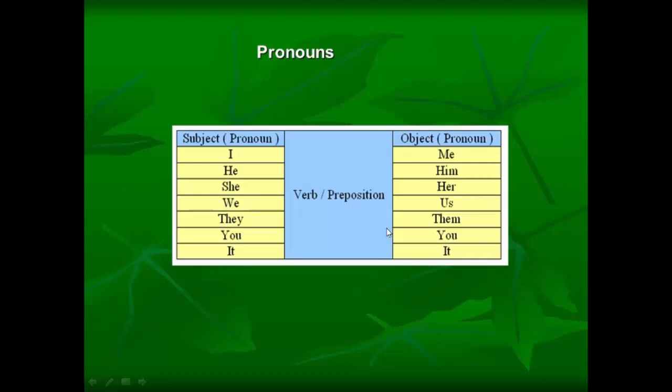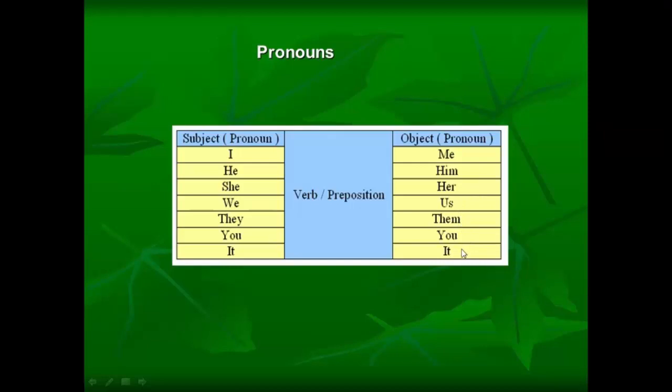Okay, so we have the pronouns here, and here's the subject, which is a pronoun. So basically pronouns are I, he, she, we, they, you, it. Like I told you guys before, it replaces the purpose of a noun, so basically so people don't get bored, right? And you have subject pronoun, which is before the verb or the preposition, and the object, which is me, him, her, us, them, you, it.